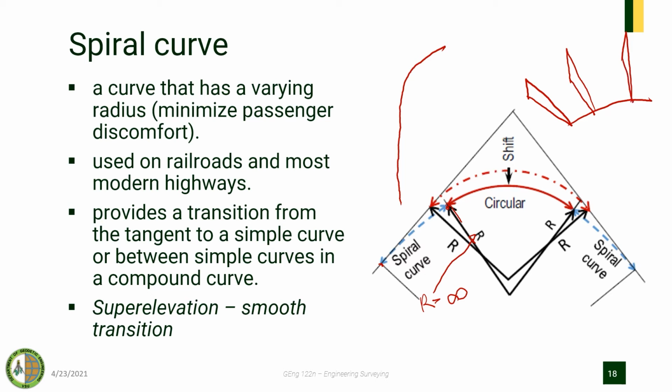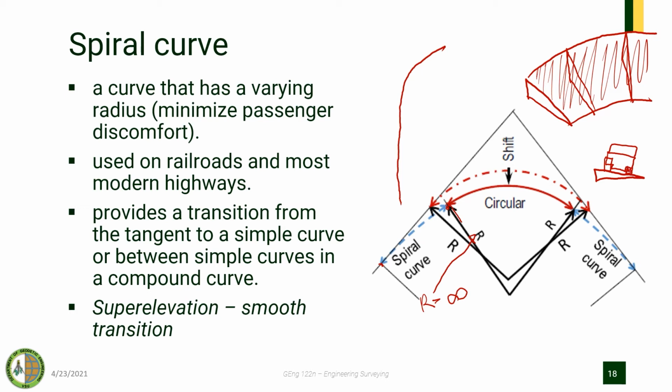So when I say super elevation, it is like this one. If you look, this is the road surface, and if you look at the cross section, it looks like this. So this is the super elevation. This is the road, and this is, for example, the vehicle. Sorry for the drawing.